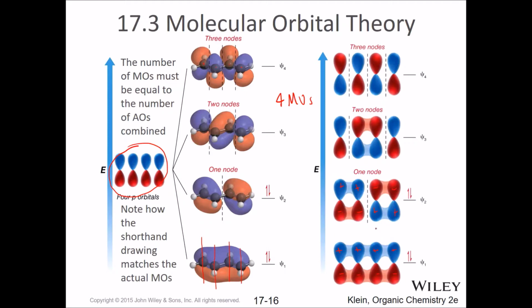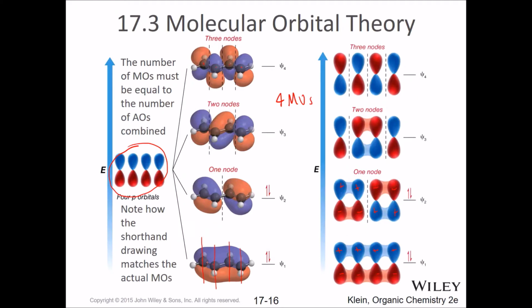These are not charges, by the way. This plus and minus would make more sense if we looked at the actual wave function of the orbital. But for now, just consider it like up or down, plus or minus, or black or white. Positive, negative.